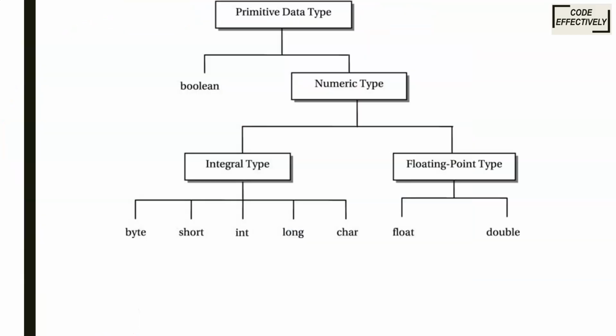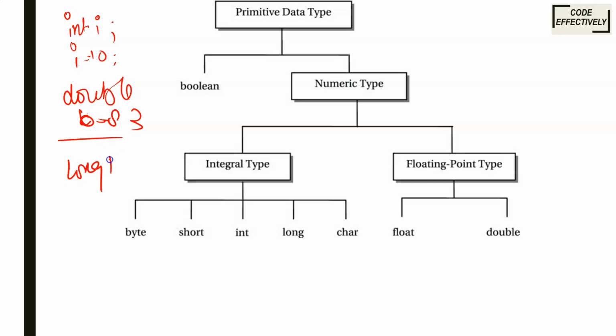Then further you use int i, and initialize i equal to 10. You can use double b is equal to 8.3, and for long, long l is equal to 884. That's more than sufficient for the day.